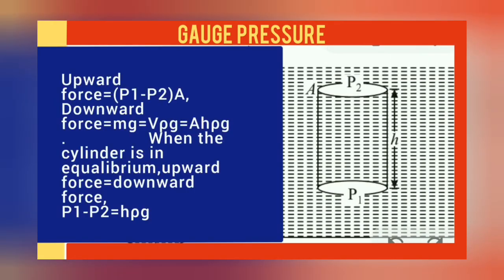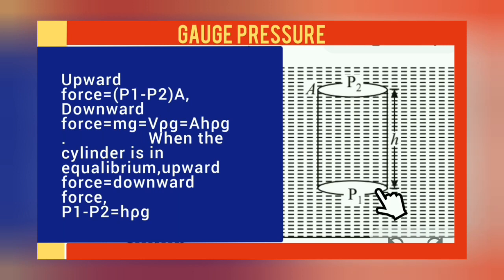Consider a liquid in a container and an imaginary right circular cylinder of cross-sectional area A and height h. Let the pressure exerted by the liquid on the bottom wall be P1, and on the top wall be P2.